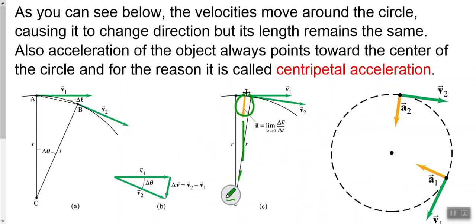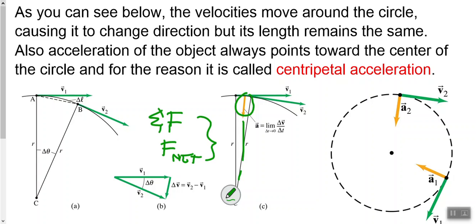So we know the object is accelerating, but the question is, what causes it to accelerate? There must be something else. And what is that? That is the net force. There is a force that causes it to accelerate, which we refer to as the net force.